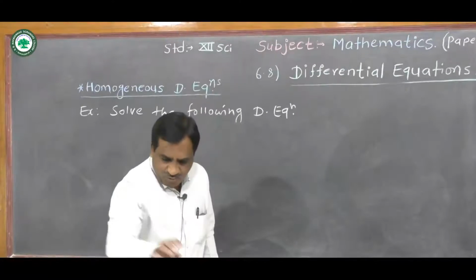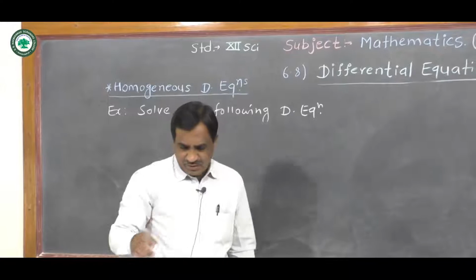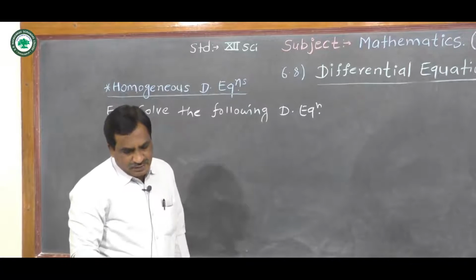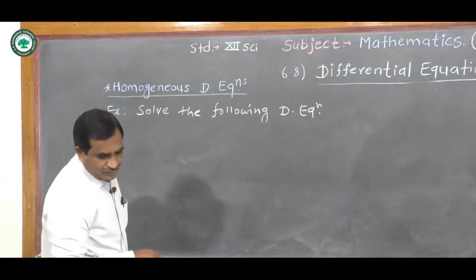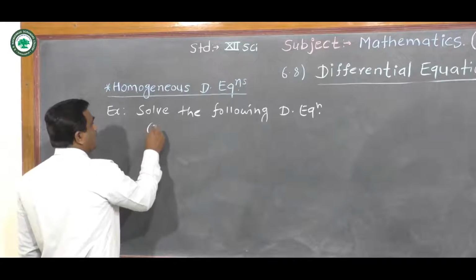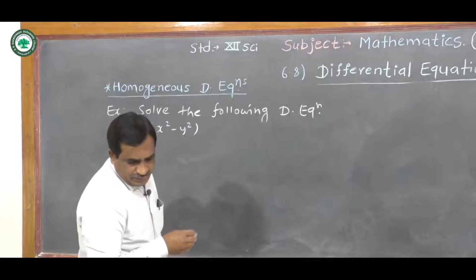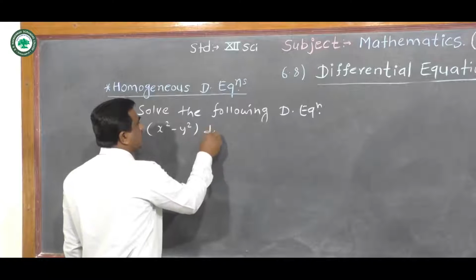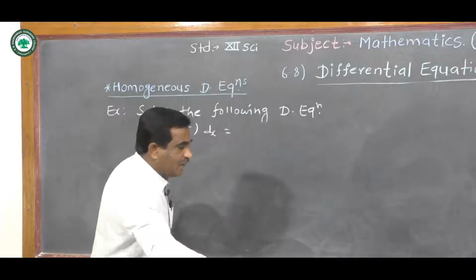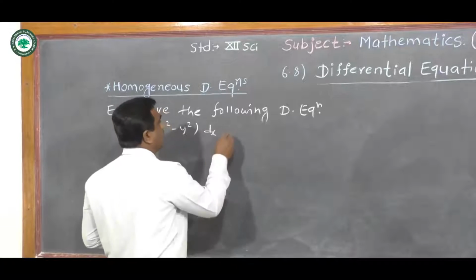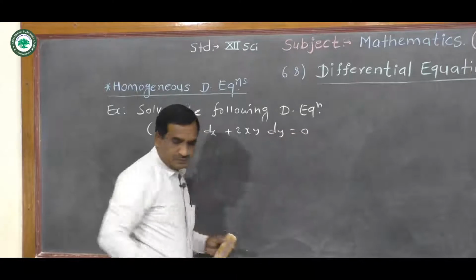The example is the same. Solve the following differential equation, only the differential equation changes. The next example is solve the following differential equation: open bracket x square minus y square into dx plus 2 into x into y into dy equal to 0.